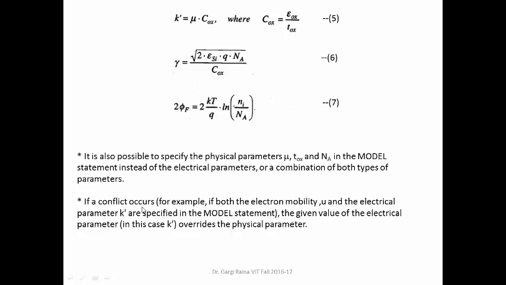But if a conflict occurs, for example, if both electron mobility and the electrical parameter transconductance are specified in the model statement, the value of the electrical parameter, in this case K prime, will override the physical parameter.